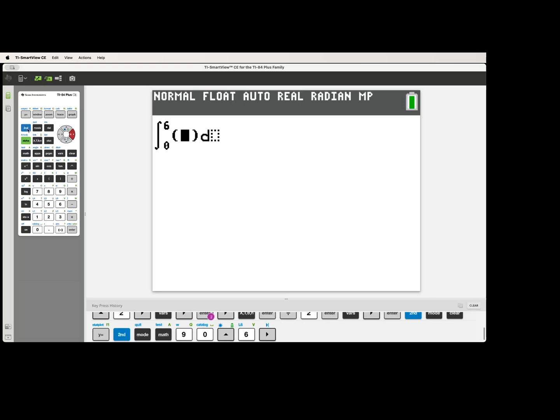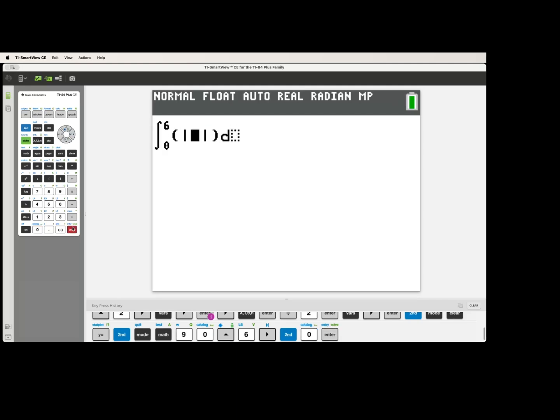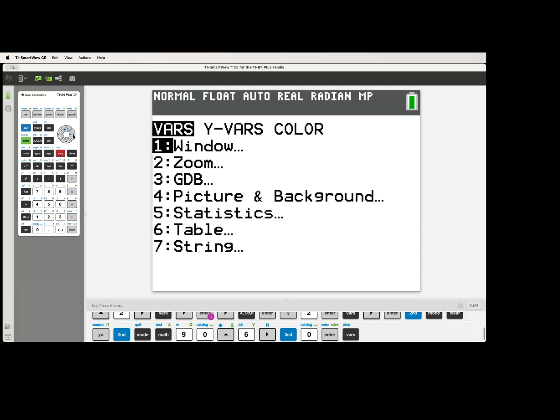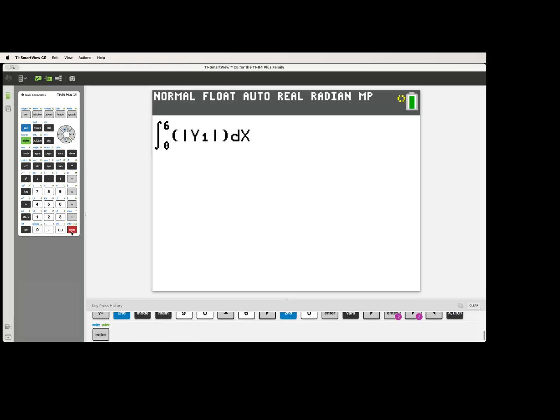The easiest way to do absolute value, and it is embedded somewhere, but if I go second catalog, ABS, which stands for absolute value, comes up first. So that's the easiest thing to do. I want to recall the equation that's in y1, so I go vars, scroll to the right, enter again, and then I do dx, and I hit enter, and that gives me the total distance traveled.